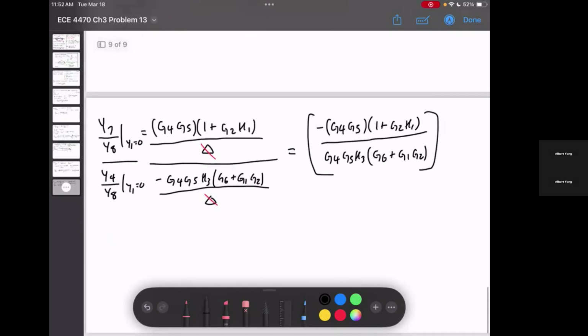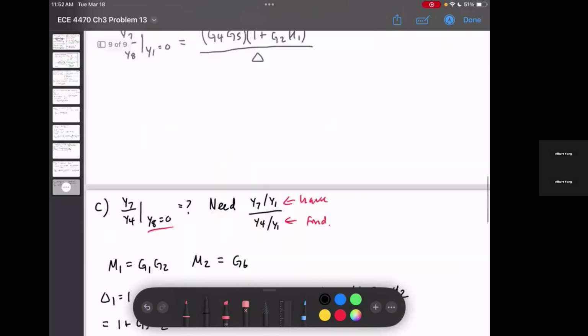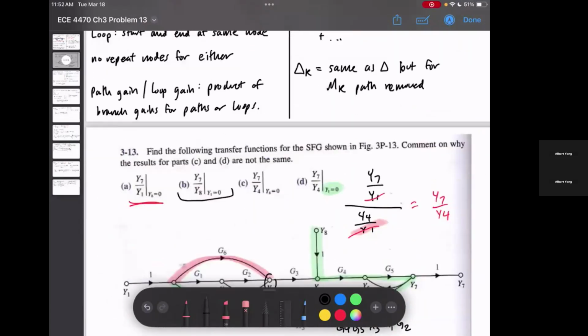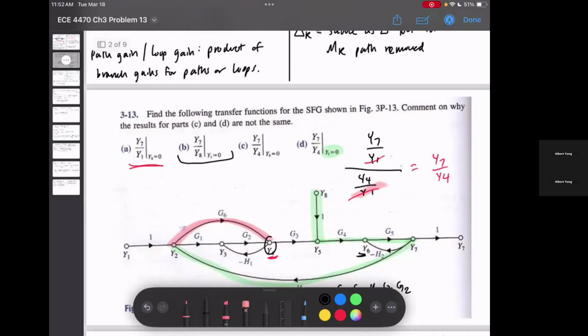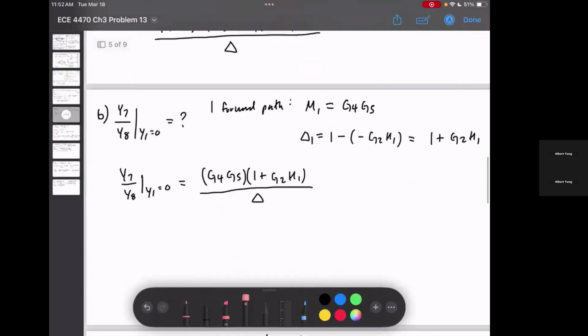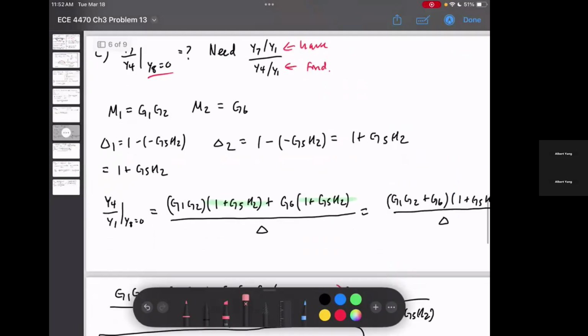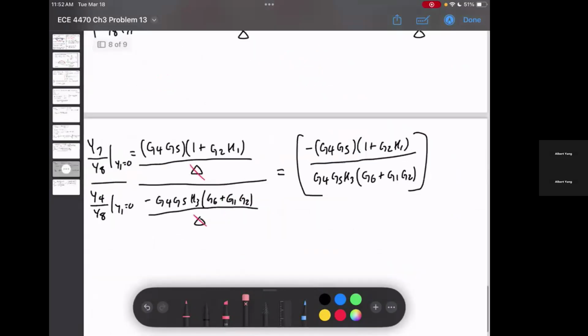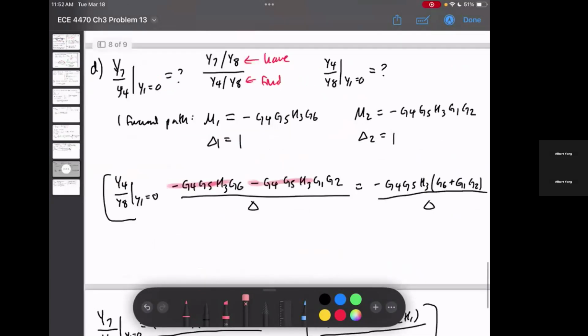And then they asked us one last thing. They asked to comment why the results for parts C and D are not the same. So we know that they're both y7 over y4, but then they're different because for C we have G1, G2 plus G6 times 1 plus G5, H2. And that's different from the, wait, never mind.